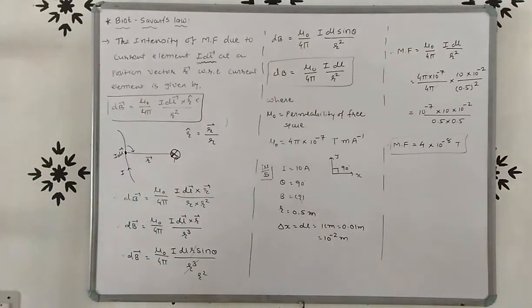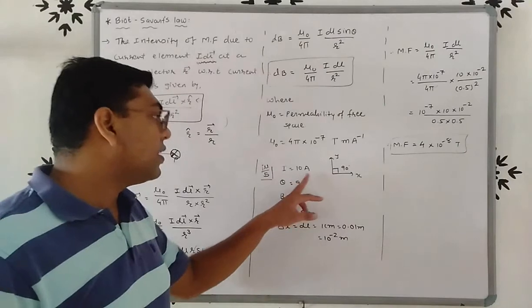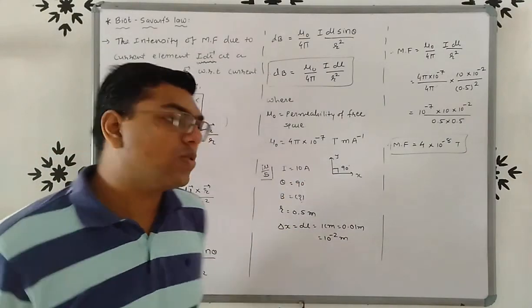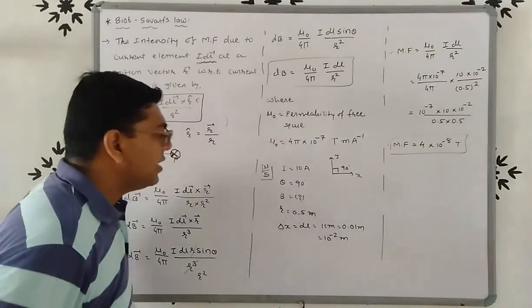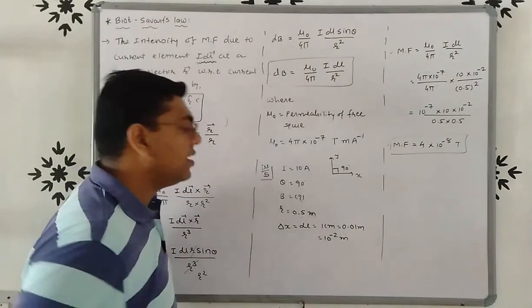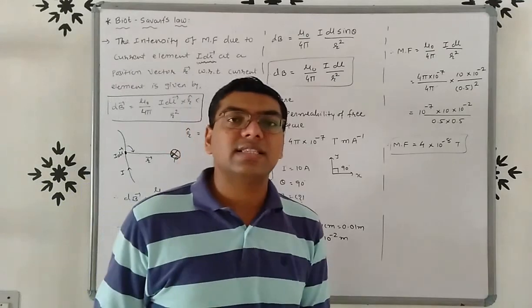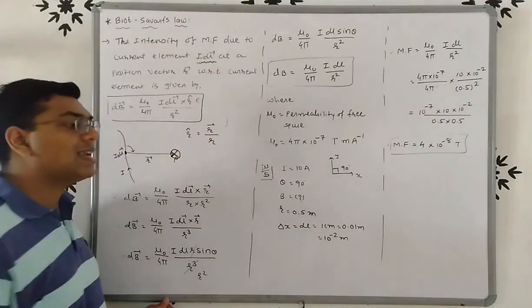So this is a very easy example, right? We know the value of current. We have to find out the magnetic field on the y-axis. So we take theta 90. Then we have to find out the magnetic field at a distance of 0.5 meters. So r is 0.5, and the value of dx, or delta L, is given, that is 1 centimeter.